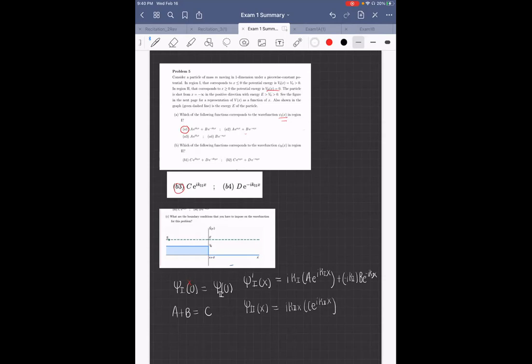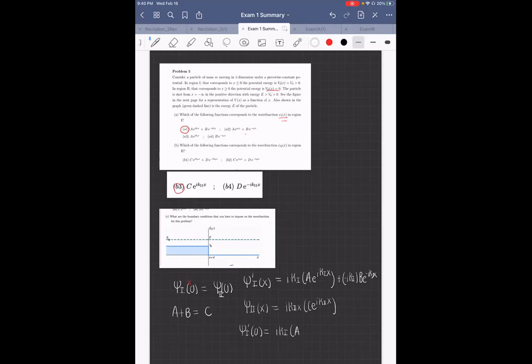All right, and then from here, you would just plug in 0 for x and set it equal to the other side. Let me simplify this out.